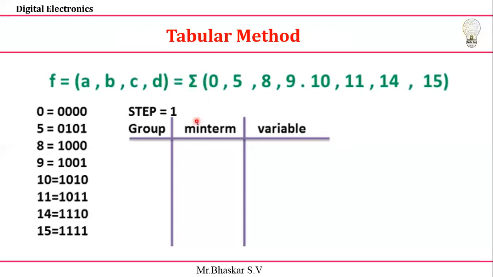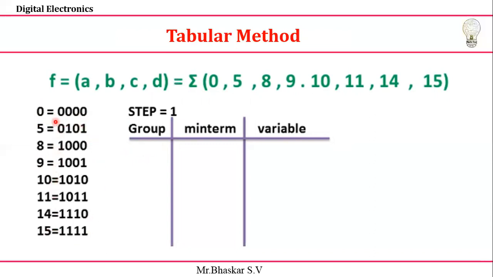Now, how to group? First I'm going to take a group name. The given minterms are 0, 5, 8, 9, 10, 11, 14, 15. First I'm looking at the minterm 0. It consists of four zeros. Whenever you have four zeros, always check for that first.